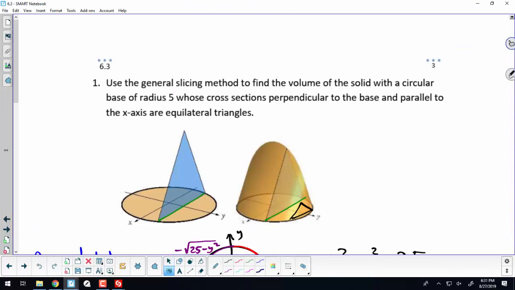So the first thing we looked at here in 6.3 is the general slicing method, and it really carries over to the majority of what we do in 6.3 and in 6.4. And that is this notion of, if I can just compute areas and then multiply them by a linear dimension, dy or dx, and sum all of that stuff up, then I can obtain a volume.